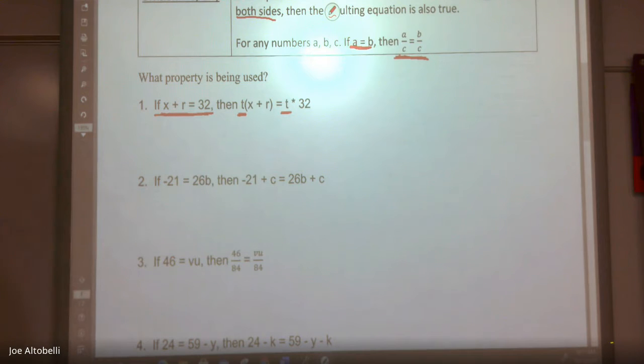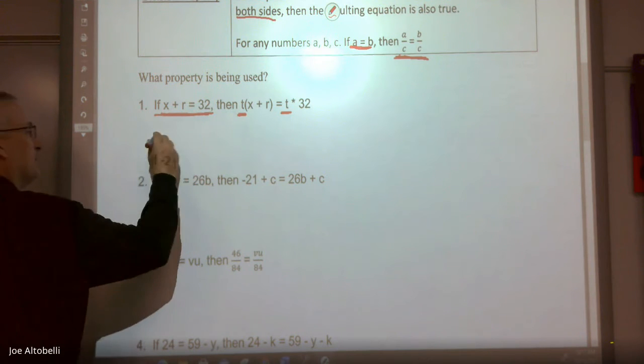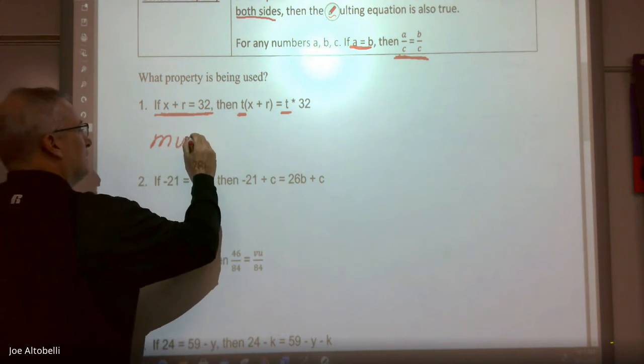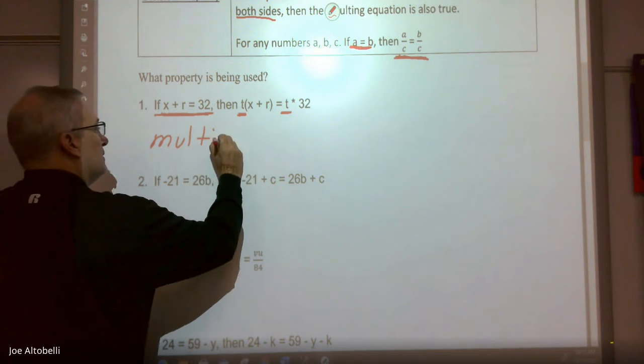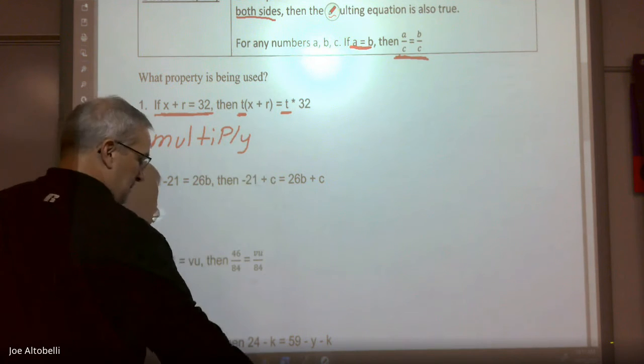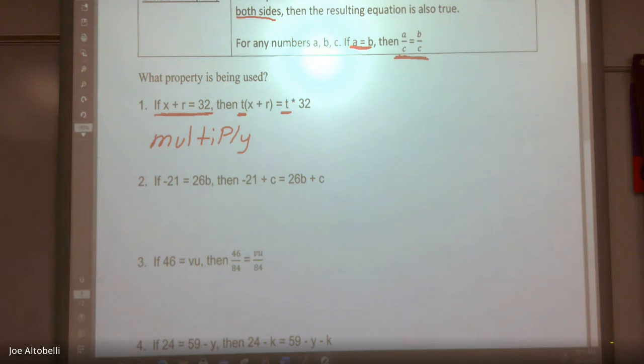So what you will do is click on one of those buttons: addition, subtraction, multiplication, or division. Okay? So you'll just have those four choices, and you click on one of them. This one is multiply. So you need to know that we're multiplying on both sides.